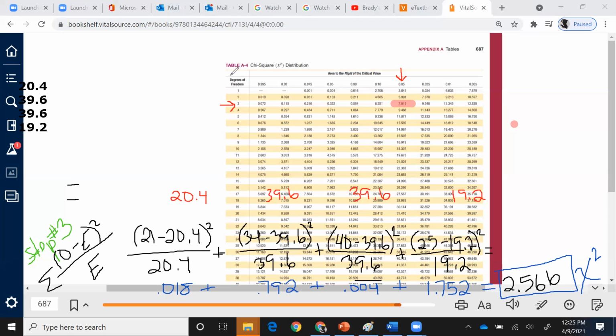All right, the value that we got is 2.566. I'll make a number line for you, a straight line, the straightest I've ever drawn, with a mark for the critical value, which I'll list as 7.815, and 0.